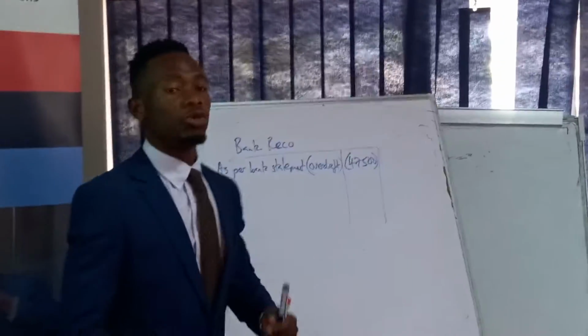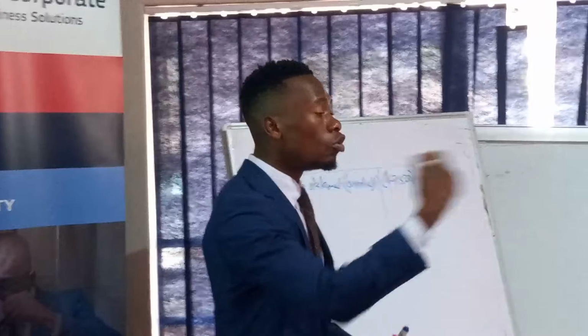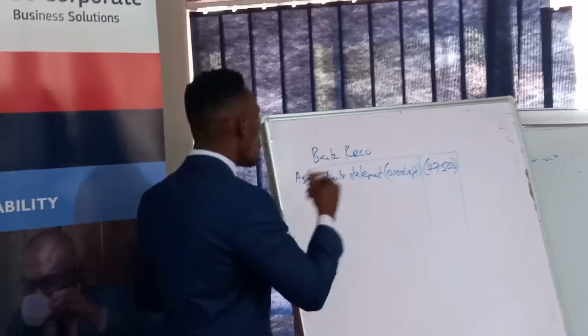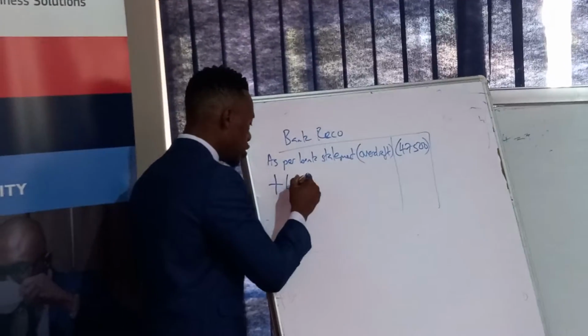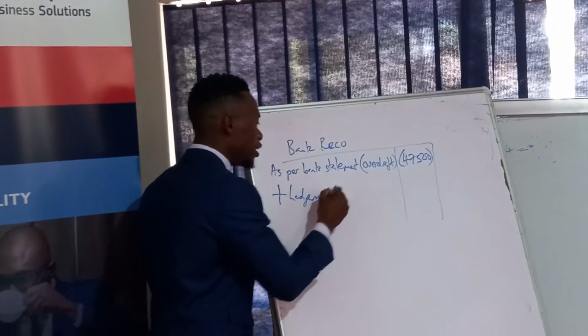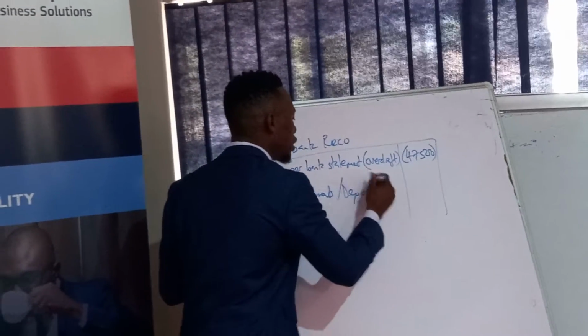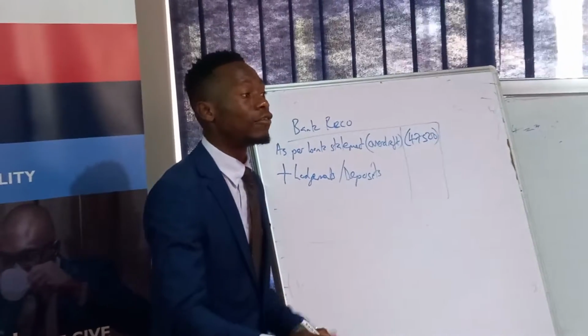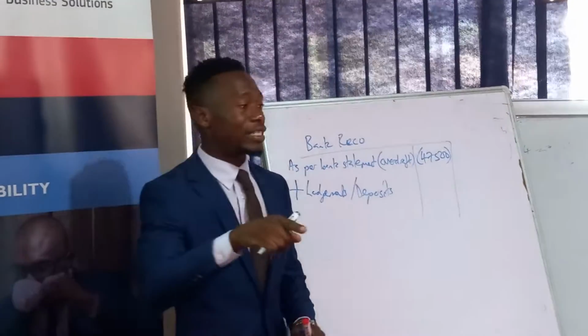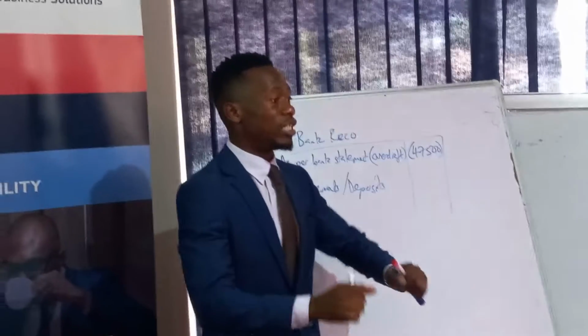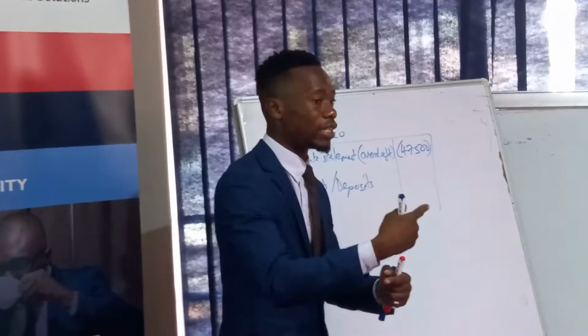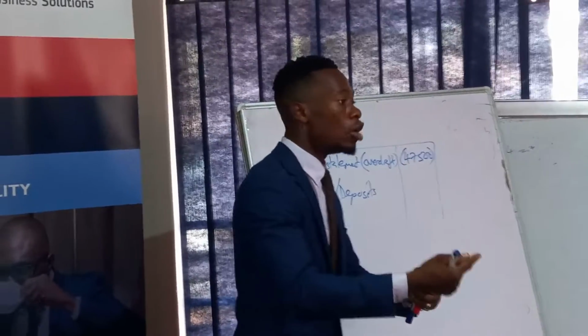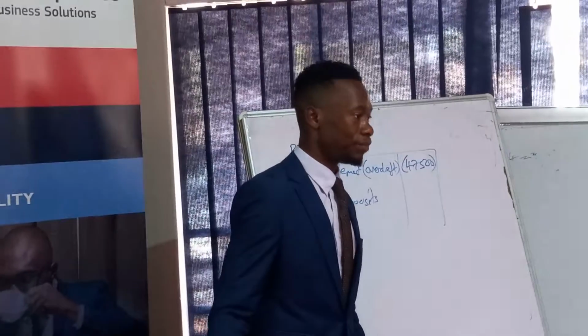Yes, it will increase, thank you. The balance will increase. Therefore, we add the lodgements or the deposits. In accounting, it doesn't matter whether it has not yet reflected. The fact that it is probable or certain that it is going to reflect is just a matter of time. We say, let's just add it.